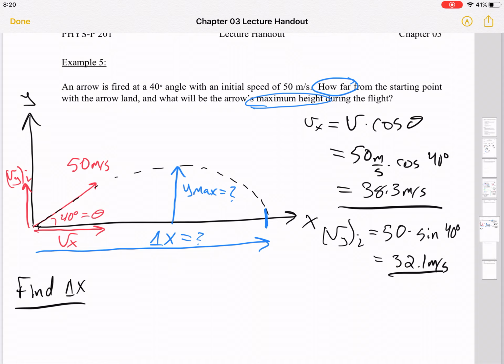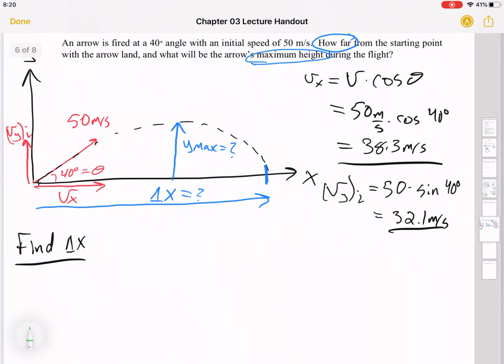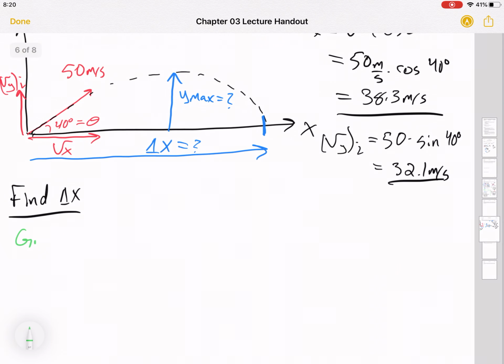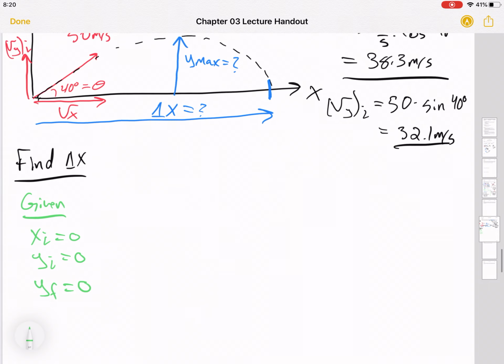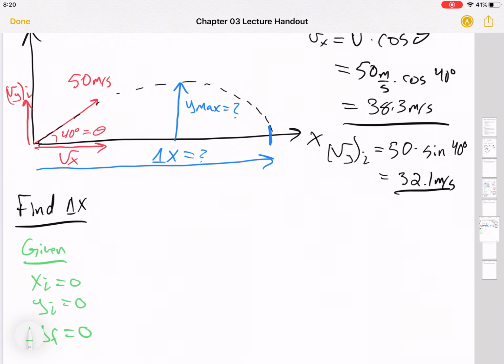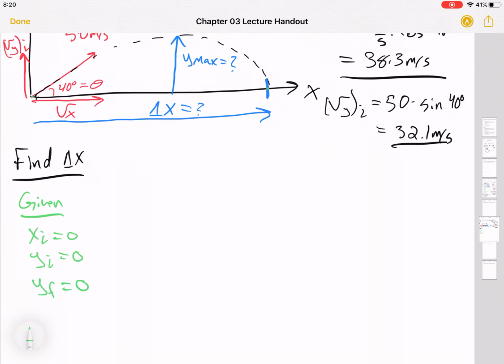Okay, so I'm looking for delta x, I'm looking for y max. What do I know? I know x initial because I chose it to be 0. I know y initial because I chose it to be 0. In fact, let's write those things down. Let's say given: x initial is 0, y initial is 0. I also know y final is 0, at least for the motion that describes this range. Find delta x goes from the beginning to this endpoint over here. So the y position there is 0.